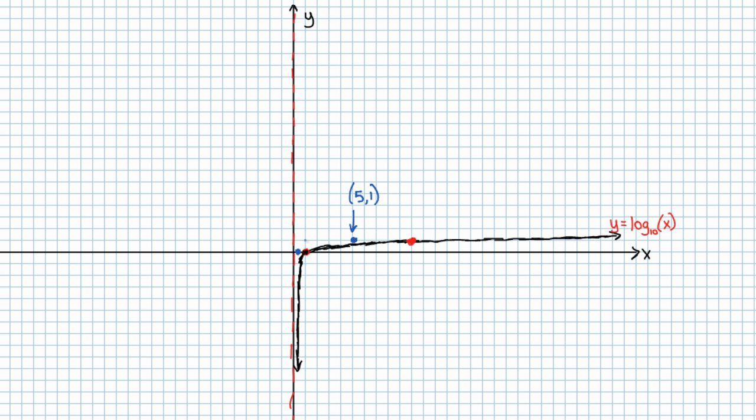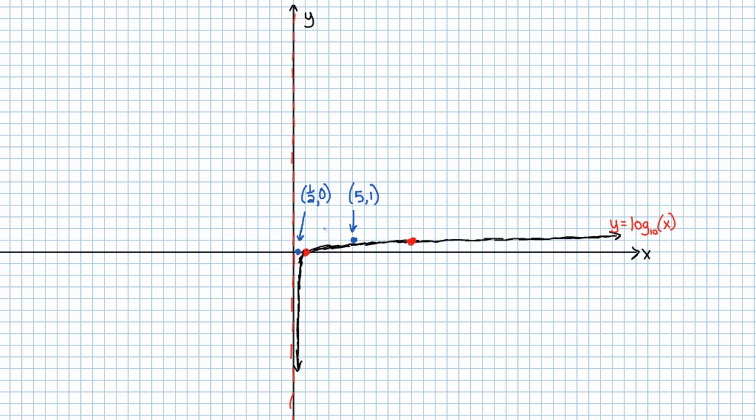It's still 1. And before, this x value where we cross the x-axis was 1, and the y value was 0. Well, now, because we're compressing everything horizontally, the x value is going to be 1/2, since that's half of 1, and the y value is still 0. The y values don't change with horizontal compressions.